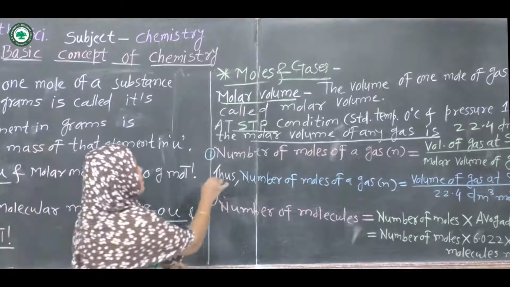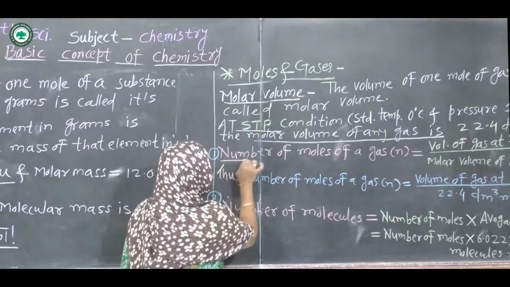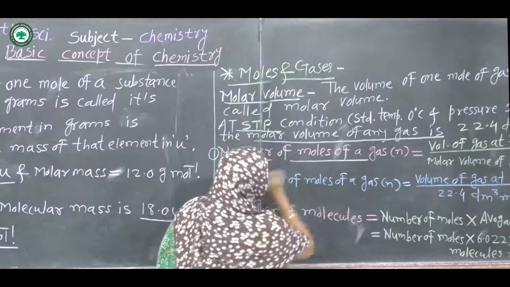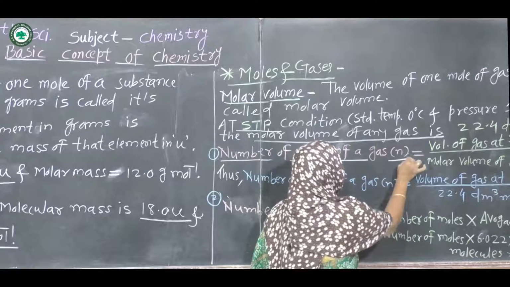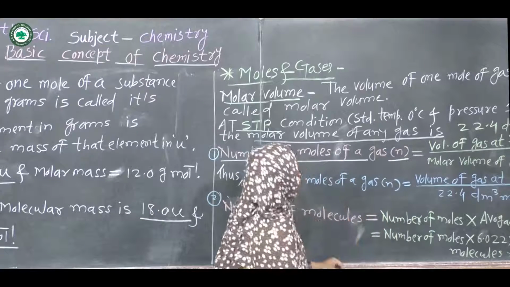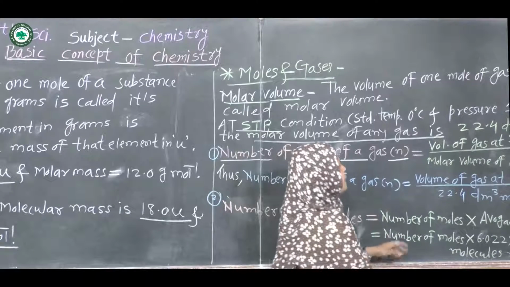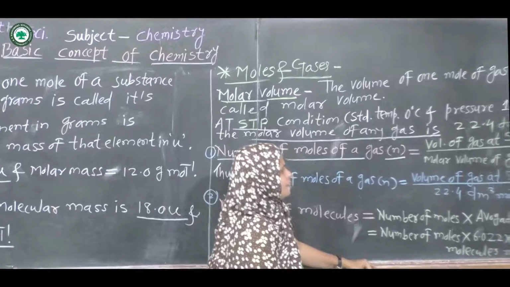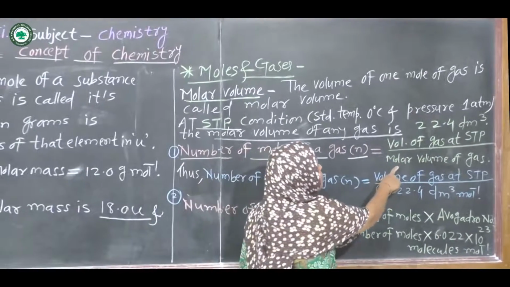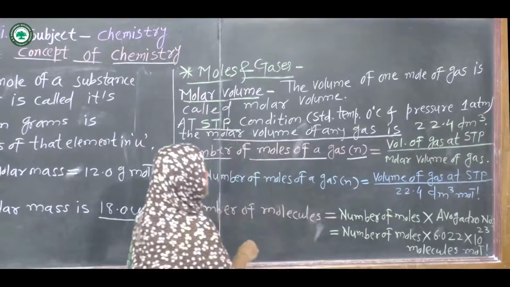Next we see what is the formula to calculate the number of moles of gases. The first formula: number of moles of gas, expressed by small n, is equal to volume of gas at STP divided by molar volume of gas.